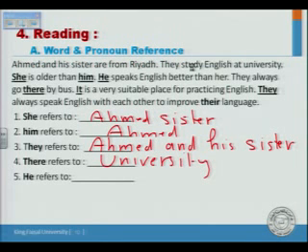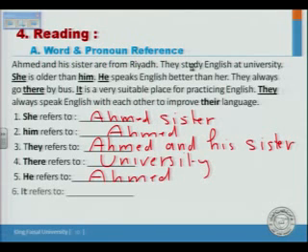So when we say he speaks English, he refers to Ahmed. Number 6, it. So it refers to a thing or an animal. So here, line 3, it is a very suitable place for practicing English. So it refers to university. This is a word and pronoun reference.